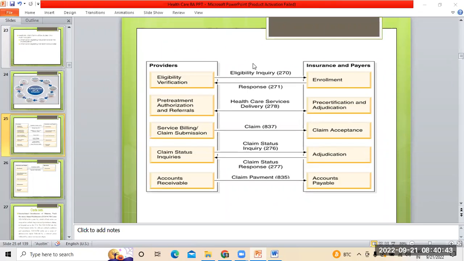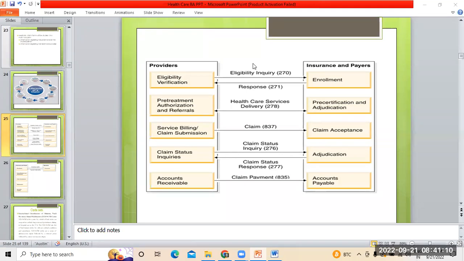Next, the service billing and claim submissions from a healthcare provider to an insurance company for claim acceptance, whatever documents and process they follow, will use the code 837. This is the claim number, used for service billing as well as claim submissions.